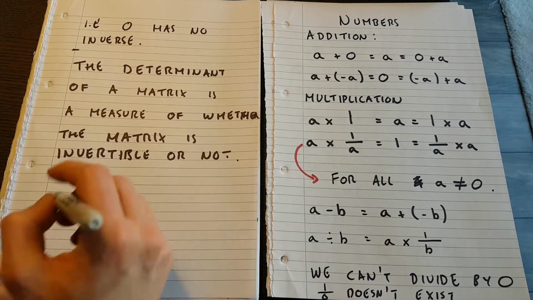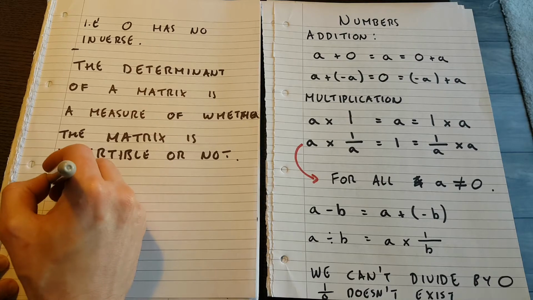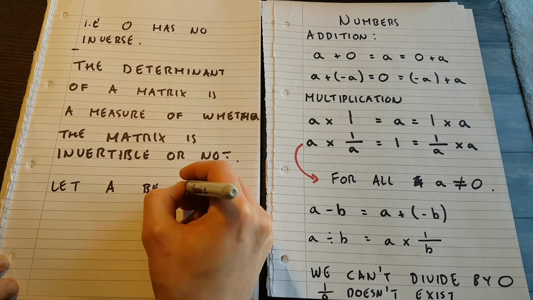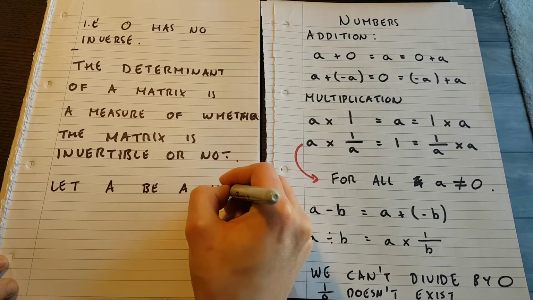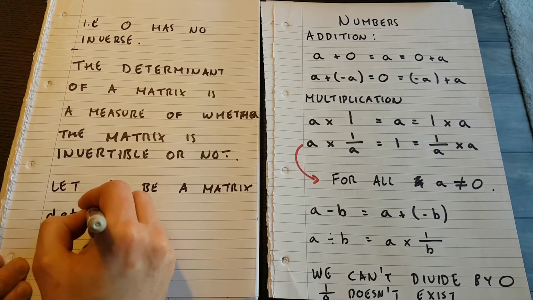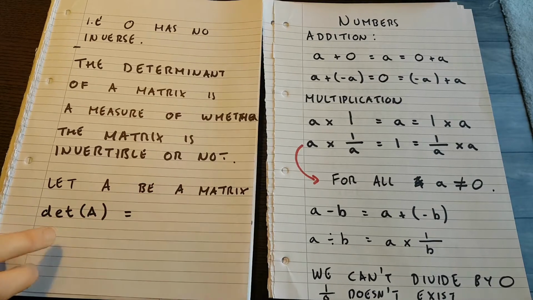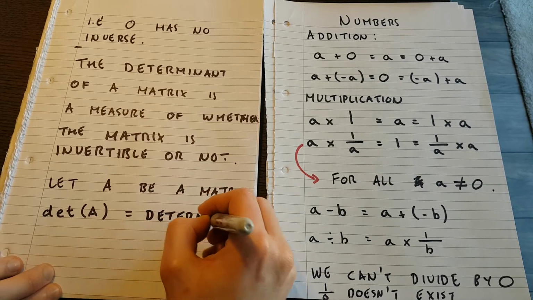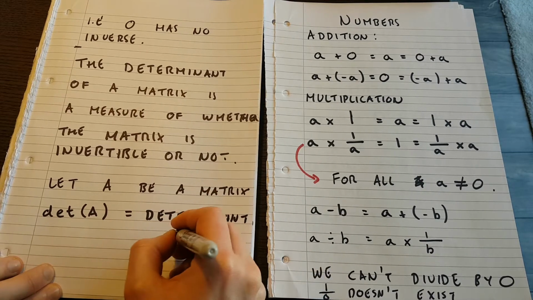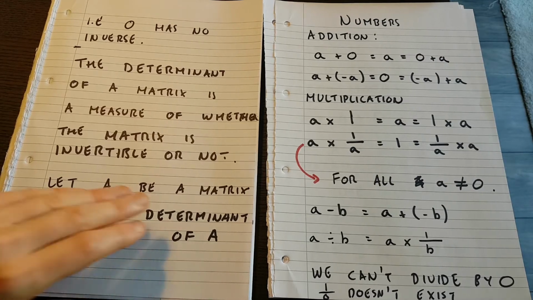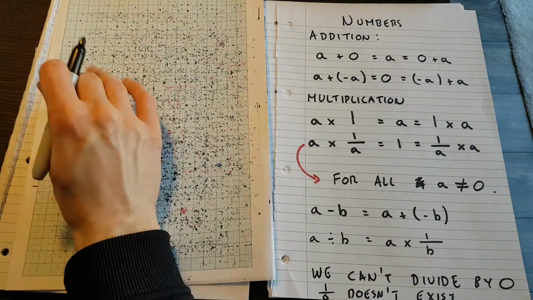Okay, but here's the basic idea. We write, let A be a matrix. We're going to write the determinant of A as det A. This is the determinant of A. Okay, det A is the determinant of A. And here's the big important rule.